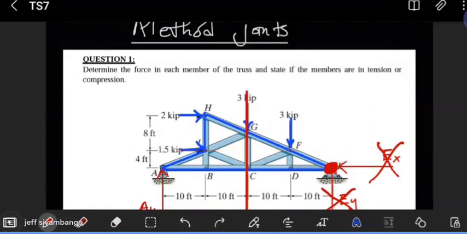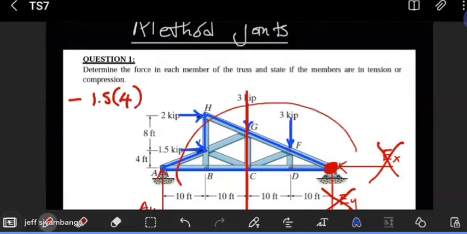Looking at it, it is causing clockwise, so it will be negative. So it will be negative 1.5 multiplied by 4. Then the other will also be causing clockwise about E. The distance will have to be 4 plus 8, which is 12. Being clockwise, it is negative as well. The force is 2, the distance is 12.